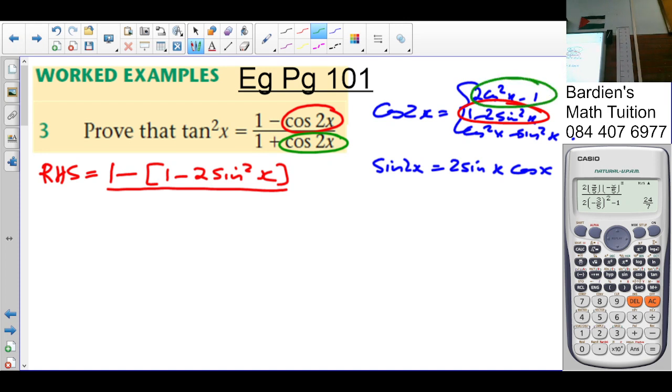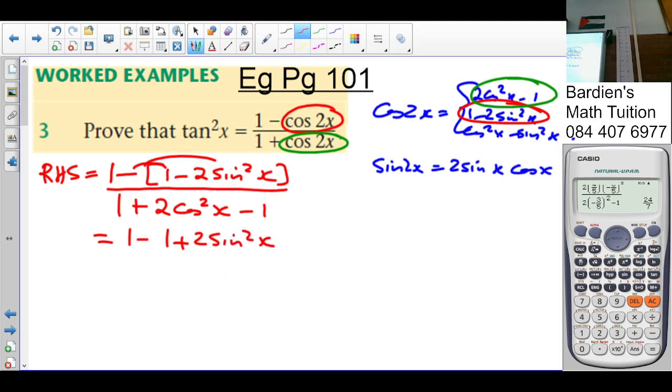The 1's can cancel, not so. So now we get rid of the bracket. So it's 1 minus 1 plus 2 sine squared x over, the 1's cancel, not so. So it's 2 cos squared x.